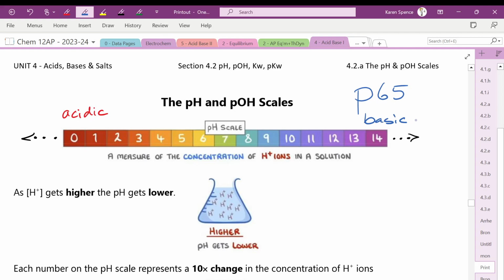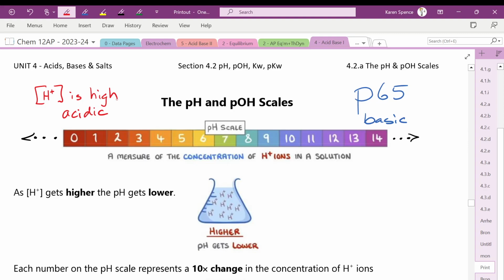And what ion is associated with acidity? What ion is associated with being an acid? Hydronium or hydroxide. So what that means is if something is acidic, then the concentration of H plus is high.